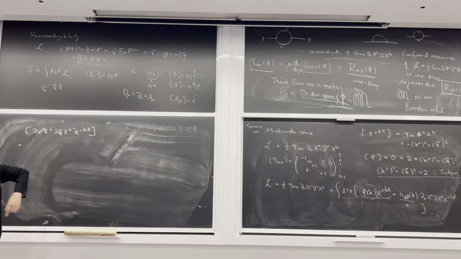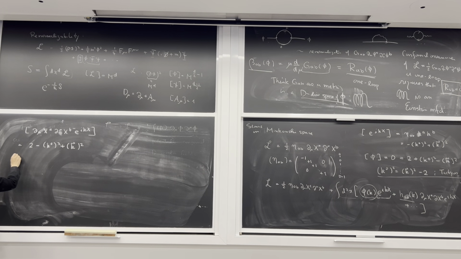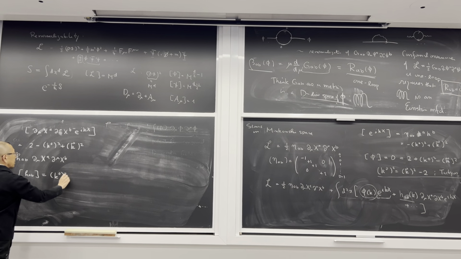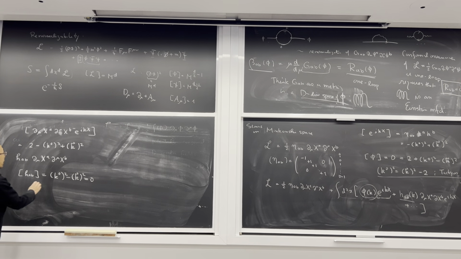And then that one, so you have 2 minus k0 squared plus kx squared. And then this is multiplied by HAB. So you have this type of interaction. So therefore, the conformal dimension of HAB is 2 minus this, which is equal to k0 squared minus kx squared. And that has to be equal to 0. So that means that HAB is massless.